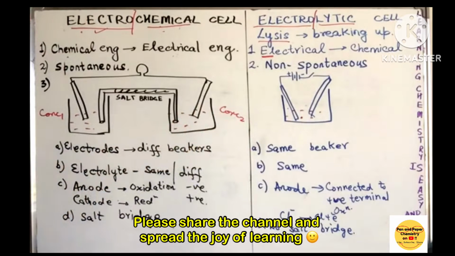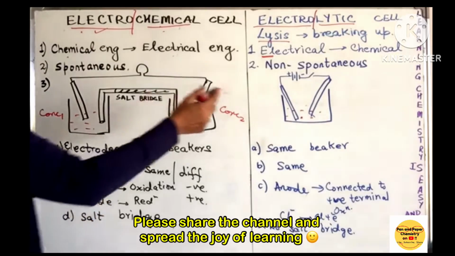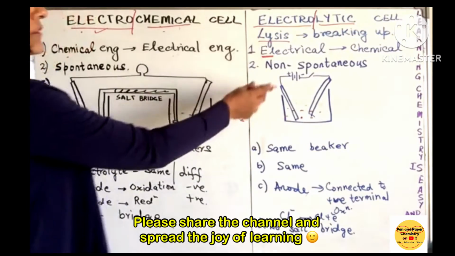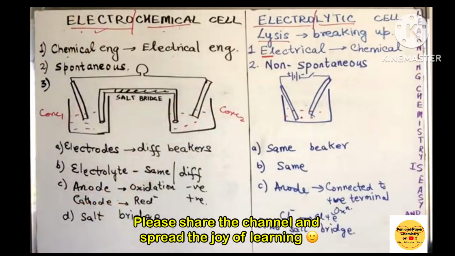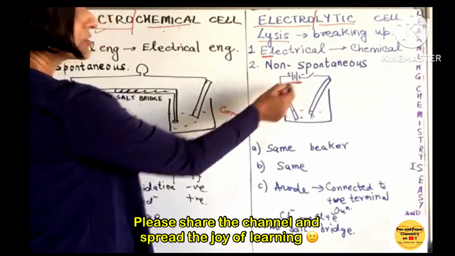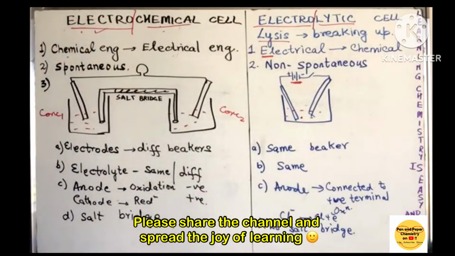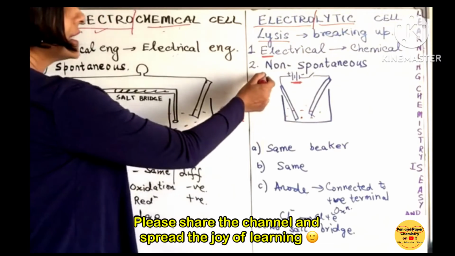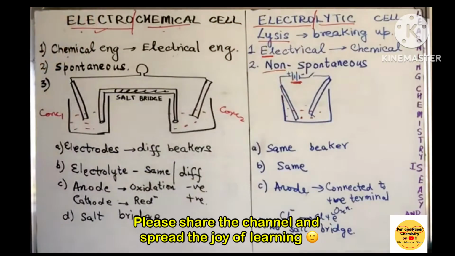You have seen electroplated jewelry, you have seen electroplated articles wherein coating, you see gold plated is very common, silver coating is very common. Those are all processes involving electrolysis and they will not happen themselves. They will need an external source of energy, that is the battery over here. That is why electrolytic cells are non-spontaneous in nature.